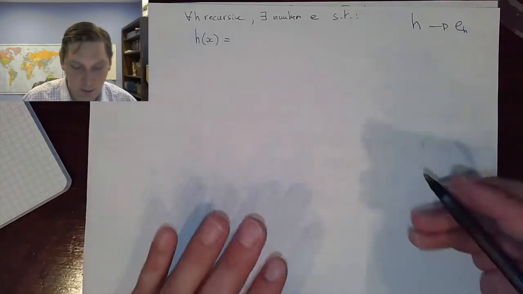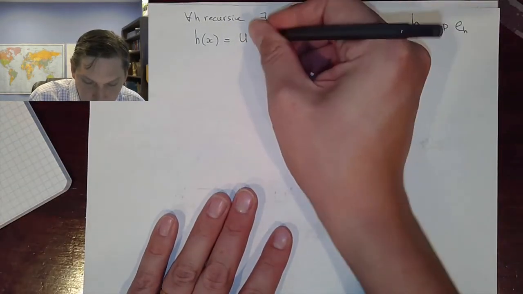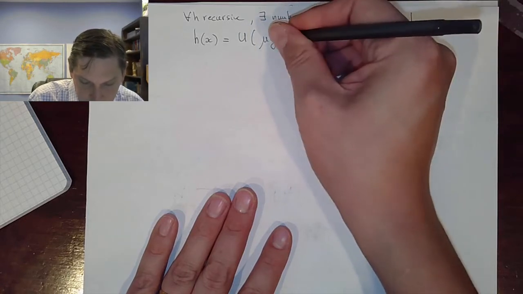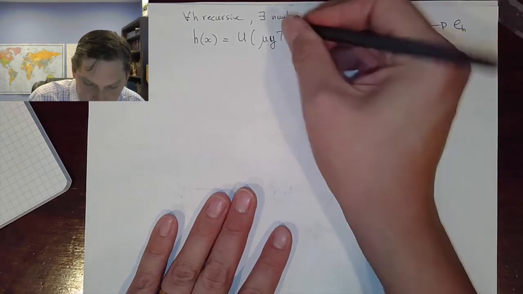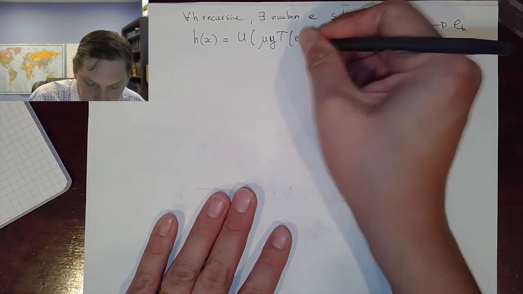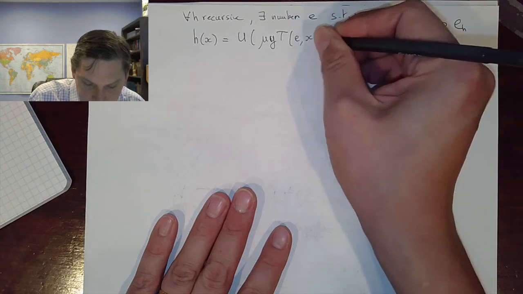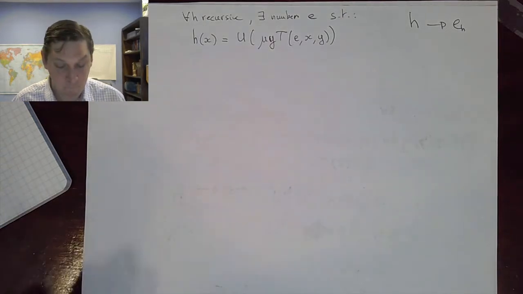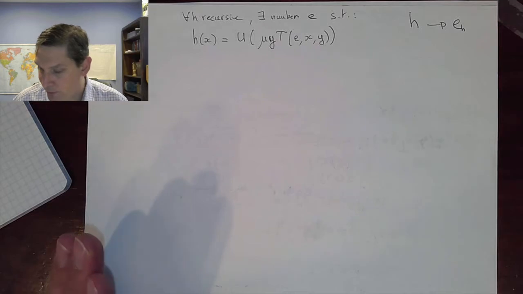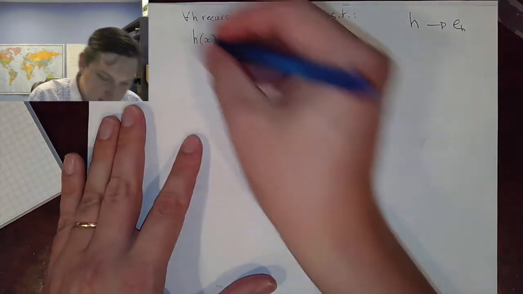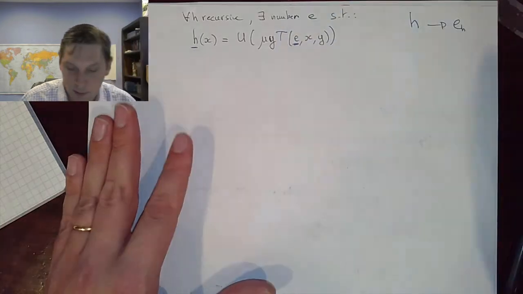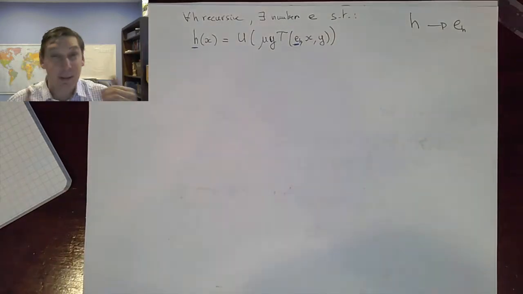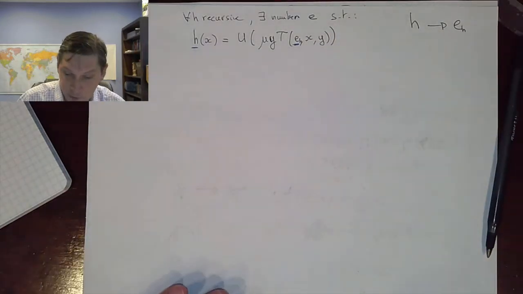And here is the normal form theorem: h of x equals a certain function u of the unbounded minimization of another function t of e, x, y. Okay, so what are we saying here? We are connecting, in some sense, h with its e number, e of h, putting them together, and we're building a recursive function.